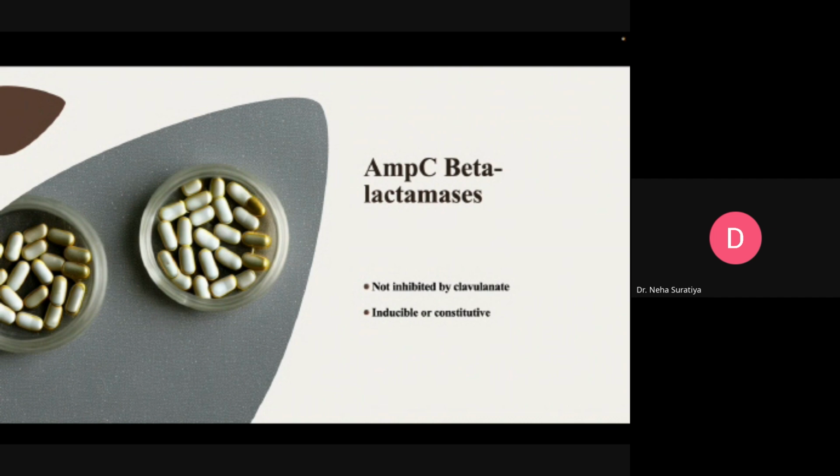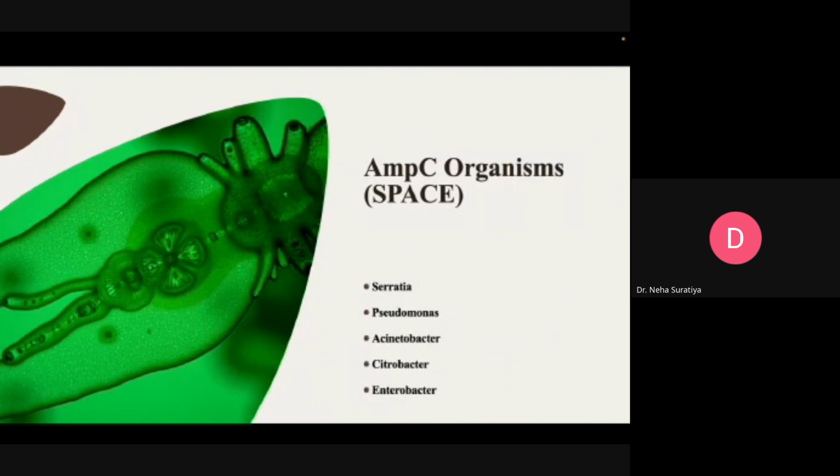And we have AmpC organisms, which are considered with the mnemonic SPACE. We have lots of organisms in this particular category, so remember this mnemonic SPACE. These organisms may look susceptible initially, but they develop resistance during the therapy, especially with cephalosporins.